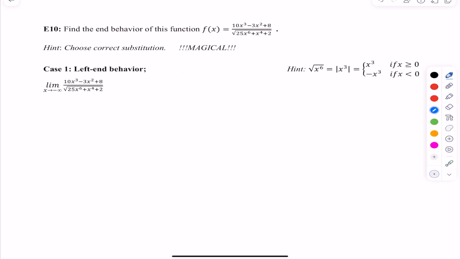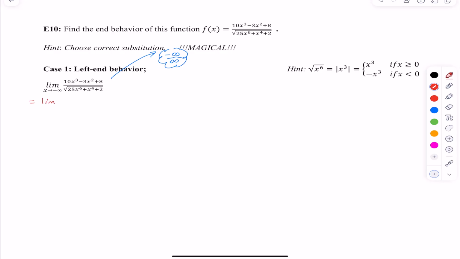You're going to get a form of negative infinity. And then if you had to estimate the bottom, you probably would estimate it as positive infinity. This is still indeterminate.